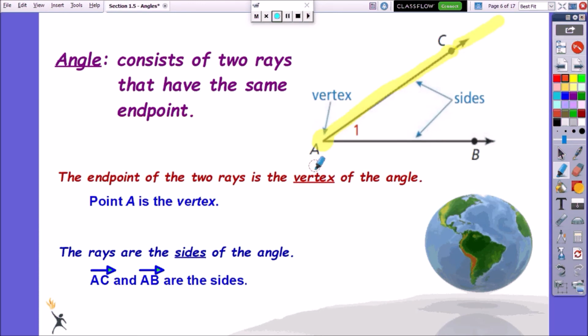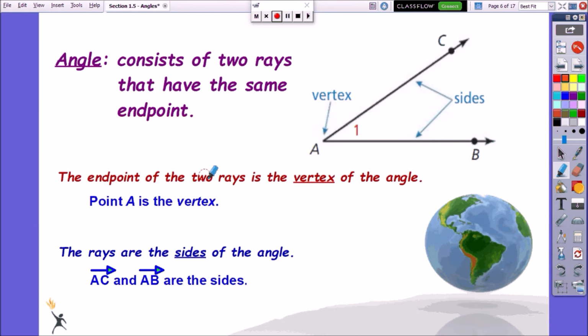And then we have ray AB, starts at A, goes towards B, and then to infinity and beyond. So notice in this case, ray AC and ray AB, even though they both use A, aren't the same ray because they're going in different directions to infinity and beyond. Okay? So they are unique rays because they're not collinear with one another.